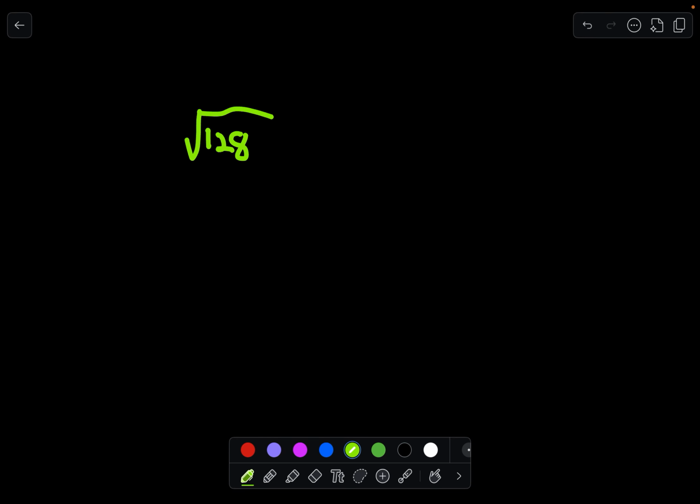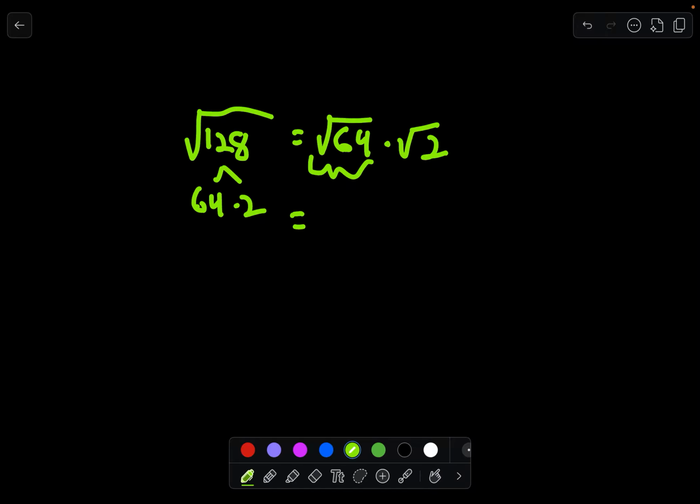You have to think about that. 128 is the same thing as 64 times 2. So it's the square root of 64 times the square root of 2. And yes, you should recognize that 64 is a perfect square, and the square root is the number 8. And you have 8 times the square root of 2.